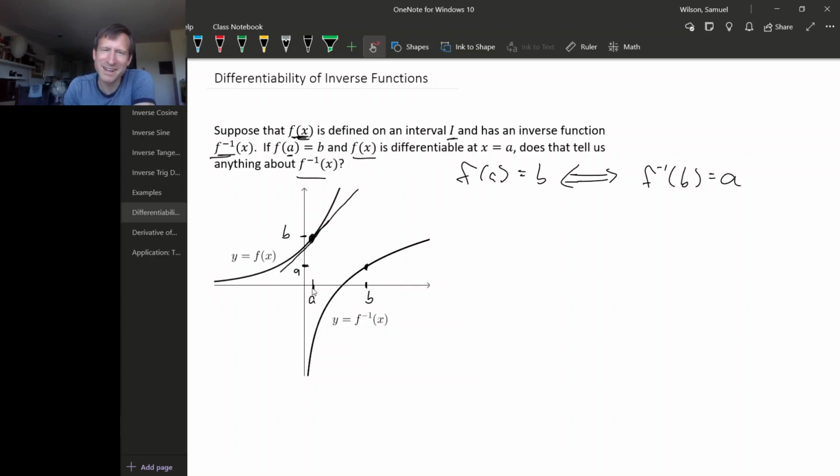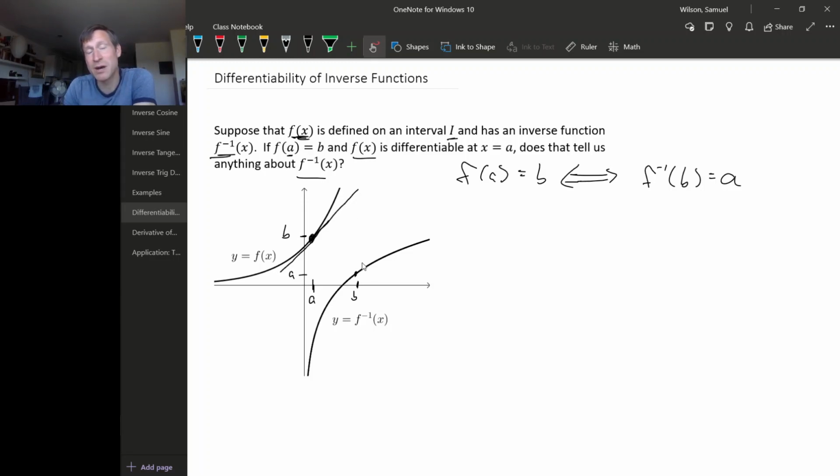Maybe I could make this a little bit better. I think I put my b a little bit too far to the right, maybe more like this. Okay, now it looks a little bit better.